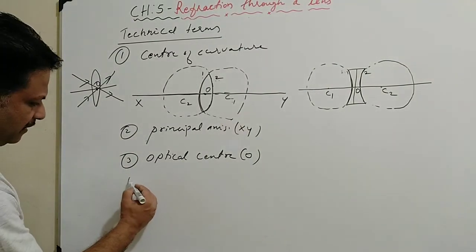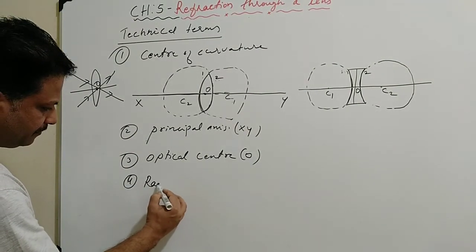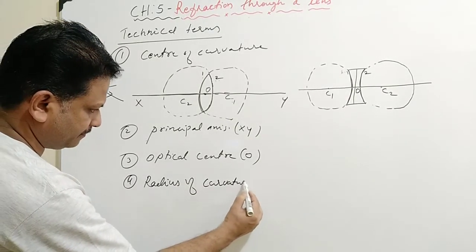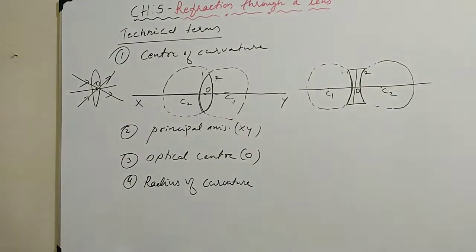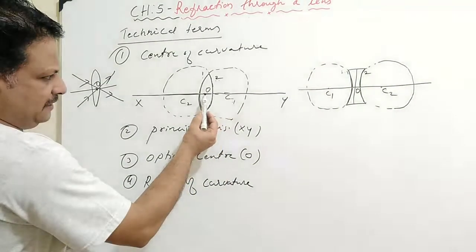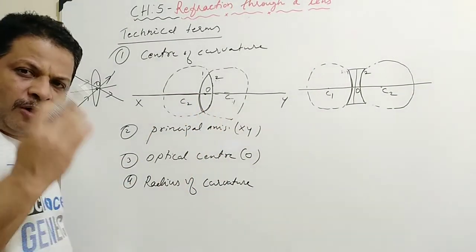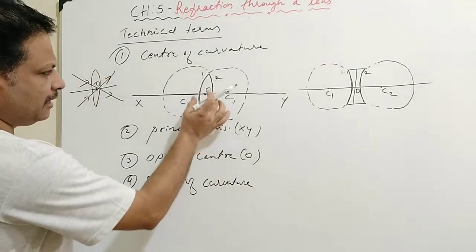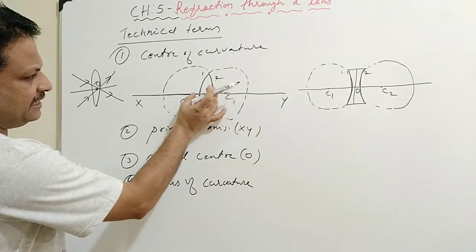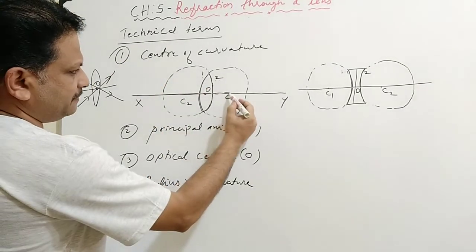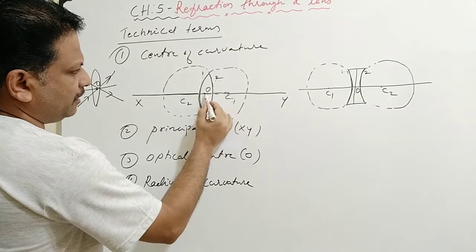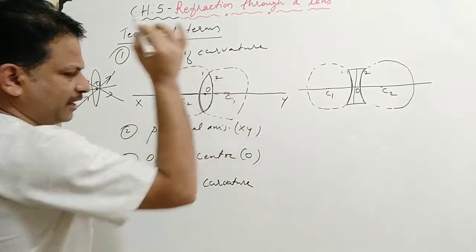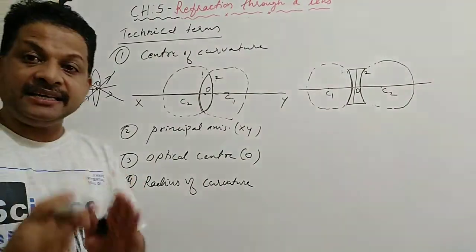Now what is the radius of curvature? If you consider this lens as very thin, for optical uses we consider very fine and thin lenses. When we consider this lens as very thin, the distance between OC1, optical center and center of curvature, I call the radius of curvature.